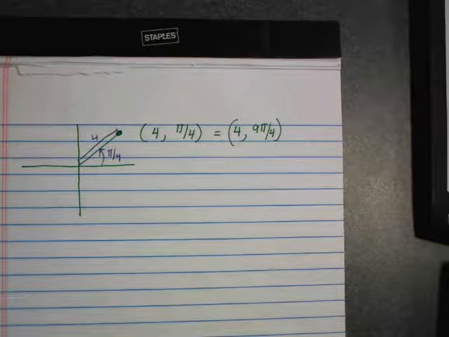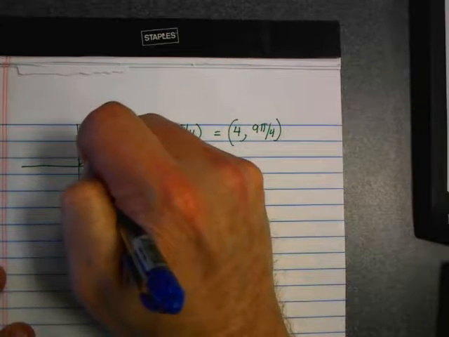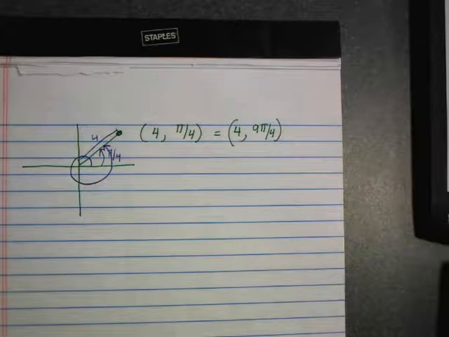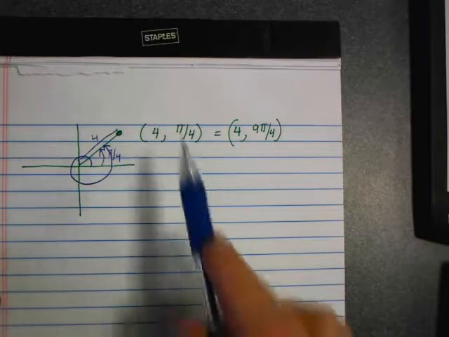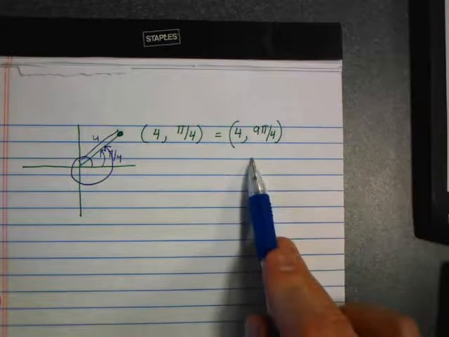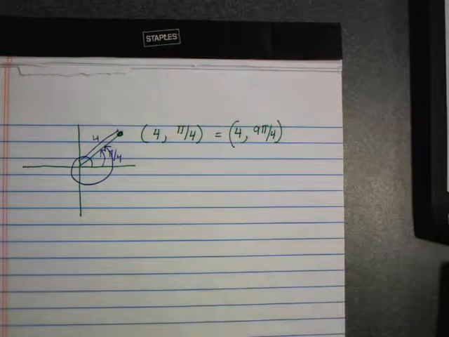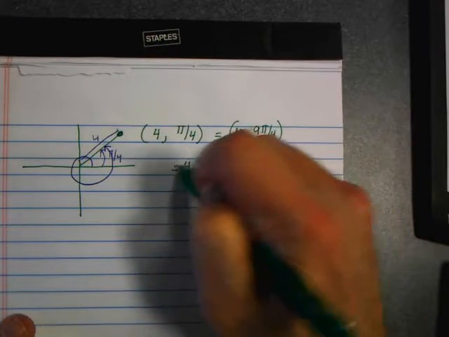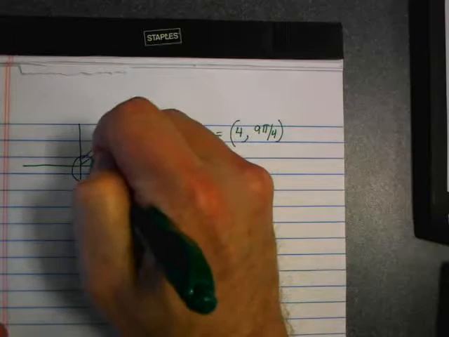Why is 4, 9 pi over 4 the same answer? Correct. All I did is I went one full revolution around. There's 2 pi, and then I went pi over 4 more. So the point 4, pi over 4 has an infinite number of representations. I could also use a negative angle, couldn't I? What would the angle be if I went negative?